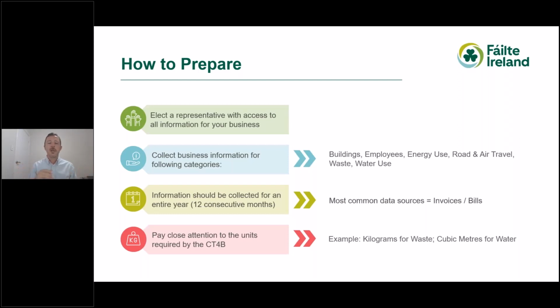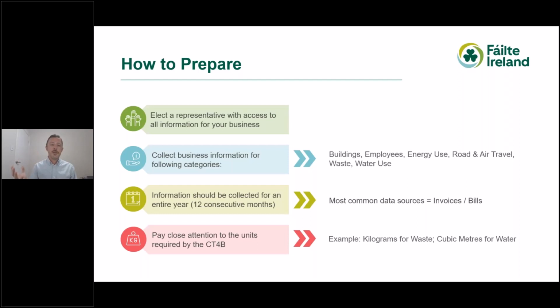As we mentioned, you have to know the number of employees, the status of ownership and leasing of the properties, as well as access to a number of invoices across multiple utility information, which we'll get to. So this person doesn't necessarily need to be a low-level staff unless that's who's empowered in your organization. Make sure it's somebody who will have access to it and be able to quickly gather all the required information.